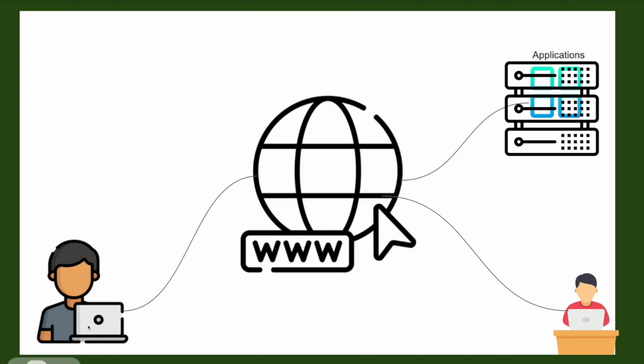Which means from your laptop all the way to the internet, all the devices that are in the internet and your laptop should be able to speak some common language that is understood by everybody, right?